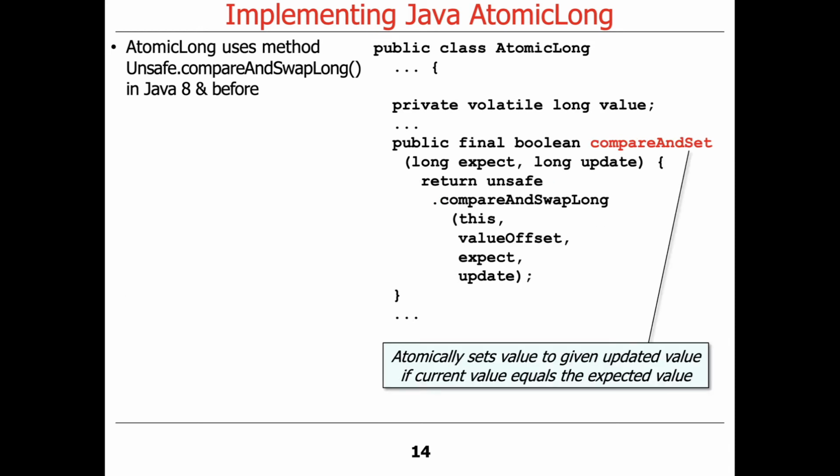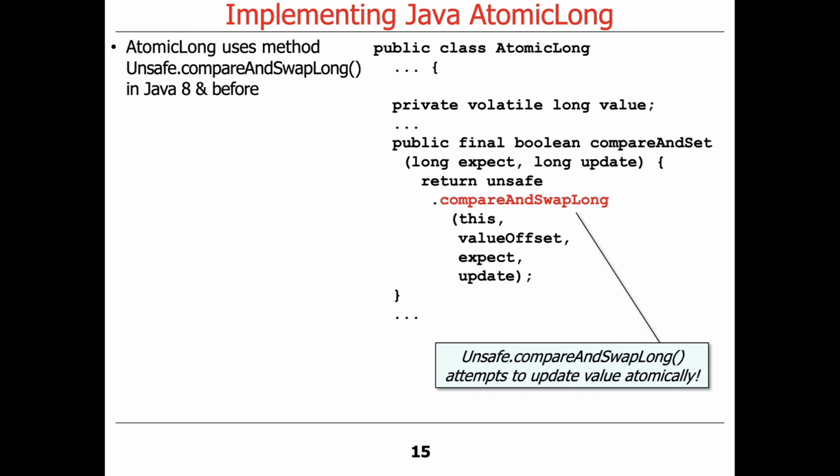There's also another method defined on atomic long, and this answers the question we just talked about. How do you see compare and swap exposed to you as application developers? This is actually pretty important. For some reason, it's not called compare and swap at this level. It's called compare and set. Who knows why? And you can see compare and set on an atomic long will atomically update the value if the expected value equals the current value.